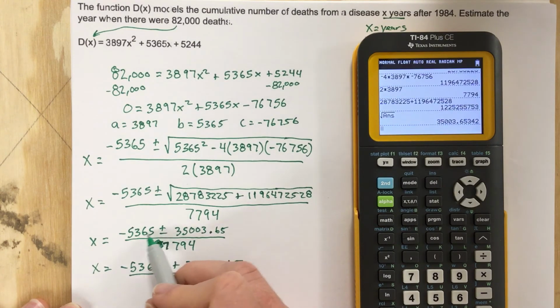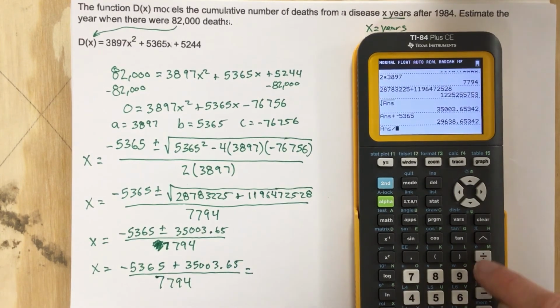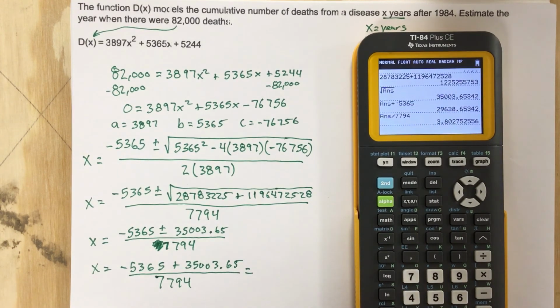I hope you understand that because of the subtraction sign, that would give us a negative year, which wouldn't make any sense. So let's plug that in the calculator. We take the number that we just had, this 35,000, add it with negative 5,365, and divide it by 7,794. And we get 3.8 years.